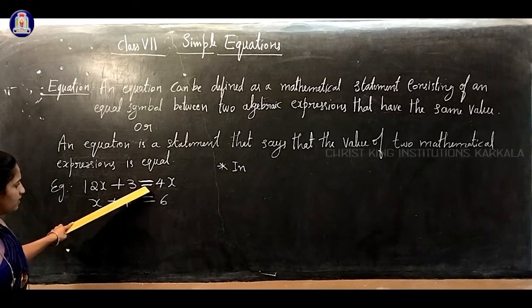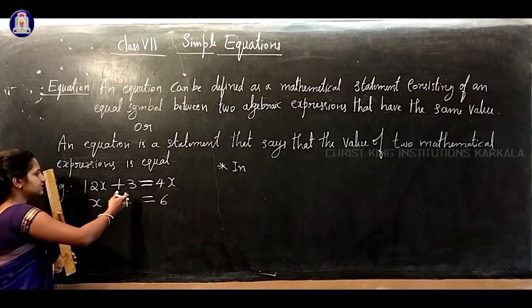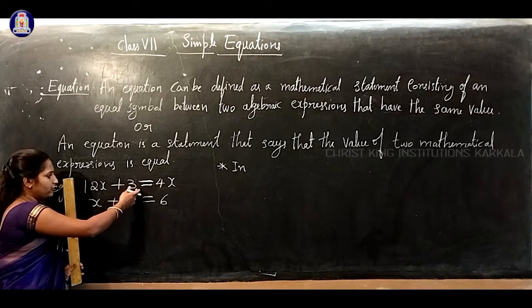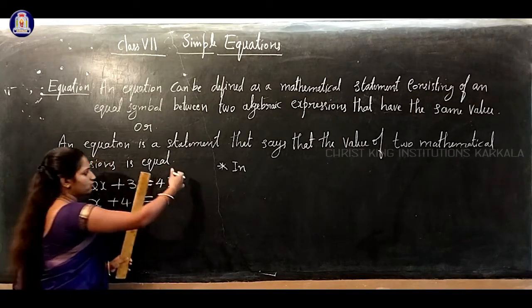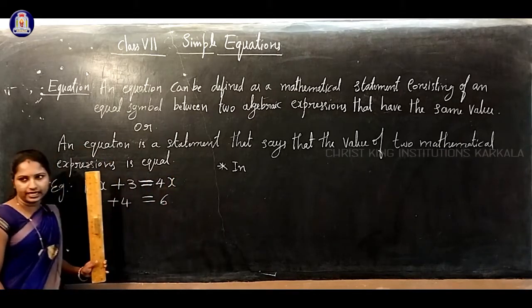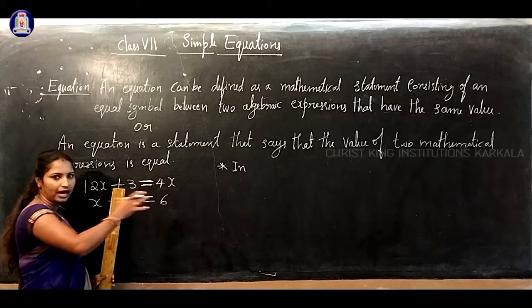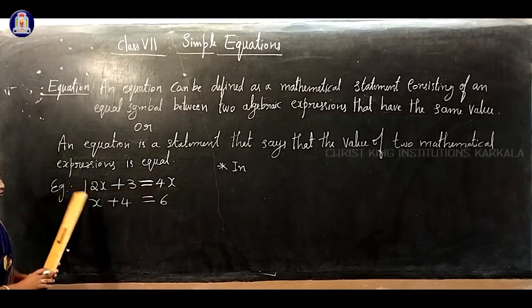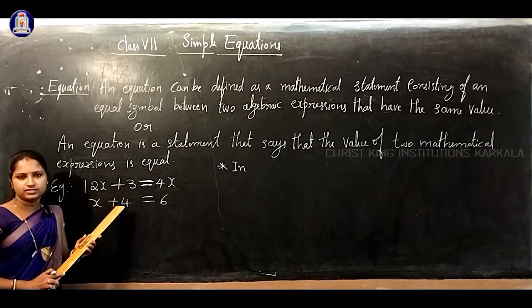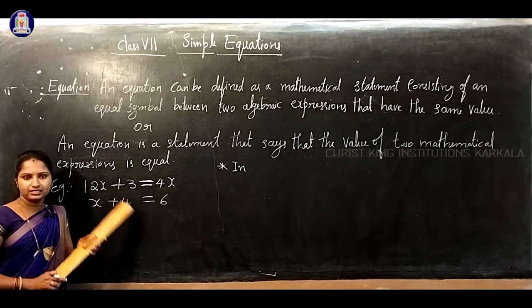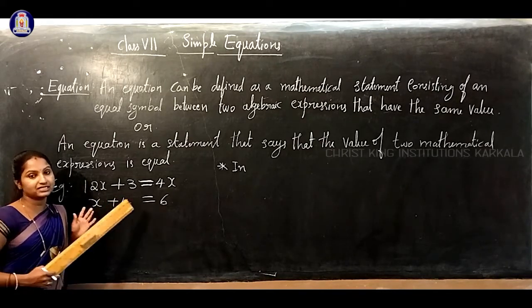Connected by an equal sign means the value of the left hand side is equal to the value of the right hand side. Both sides should get the same value. After simplifying, if we get the same, then that is called a balanced equation.